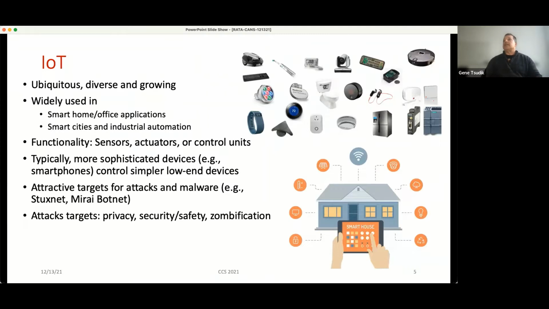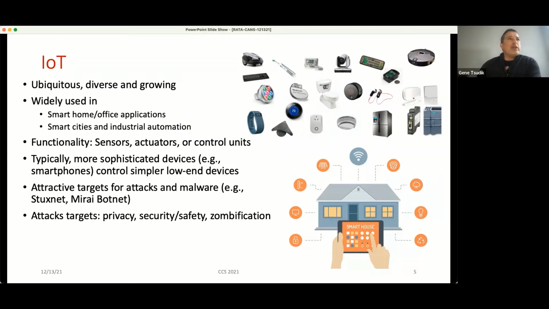Now, as I said, these are ubiquitous, increasingly diverse, and their numbers are growing. They typically perform one of 2 or 3 things. Some are sensors. They sense the environment and report upon what they sense.